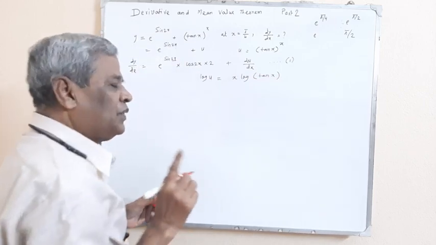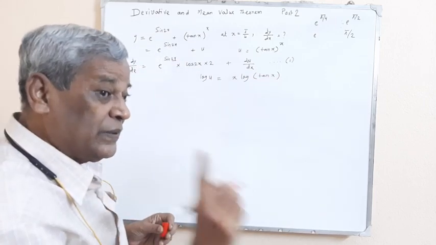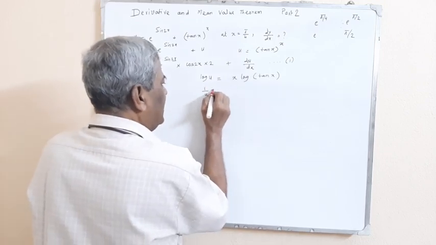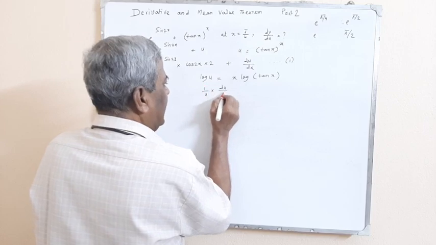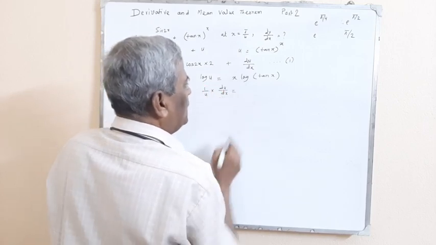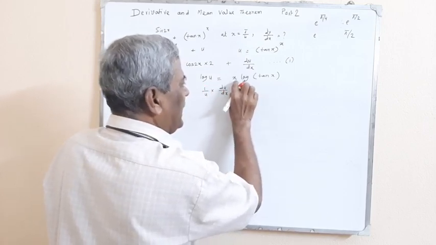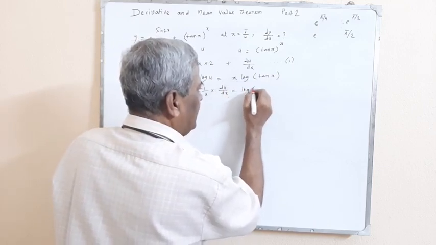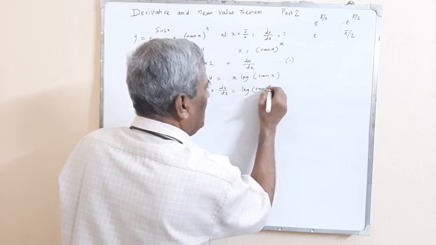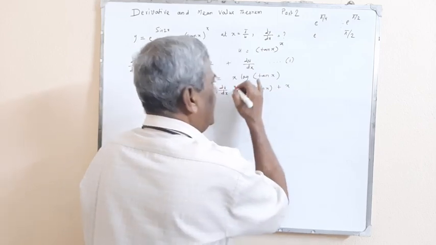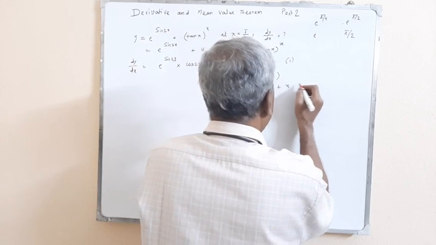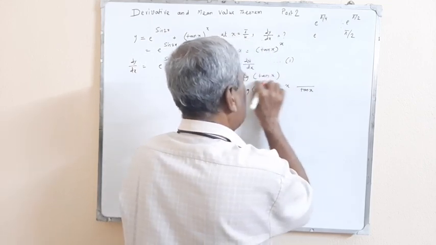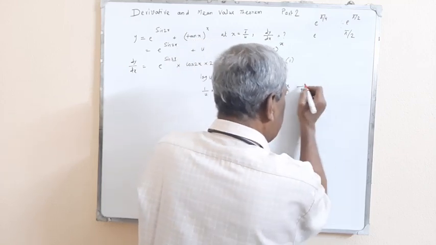Now differentiating both sides with respect to x, 1 upon u into du/dx is equal to, these being two factors, 1 into log of tan x plus x into the derivative of the log function, 1 by tan x, into the derivative of tan, which is sec square x.